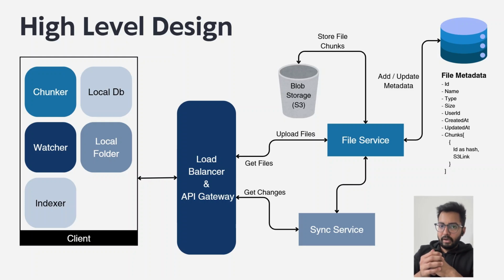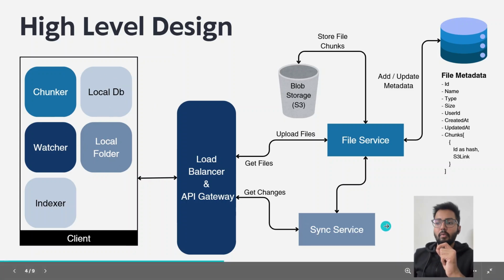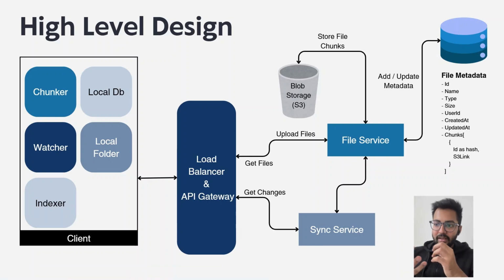Let's say user A makes a change on his device. The watcher would identify that some change was made here. The sync service's job is to continuously get the changes, so it will get the changes from user A.